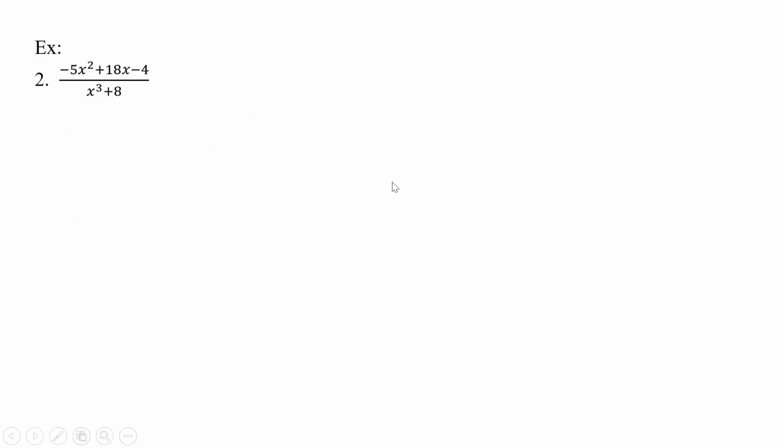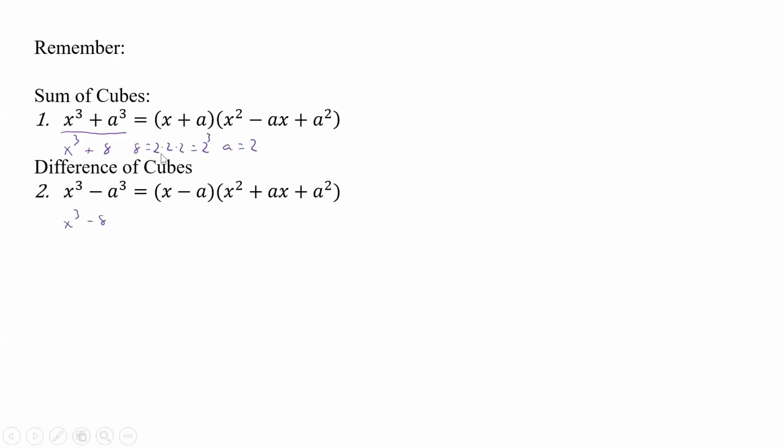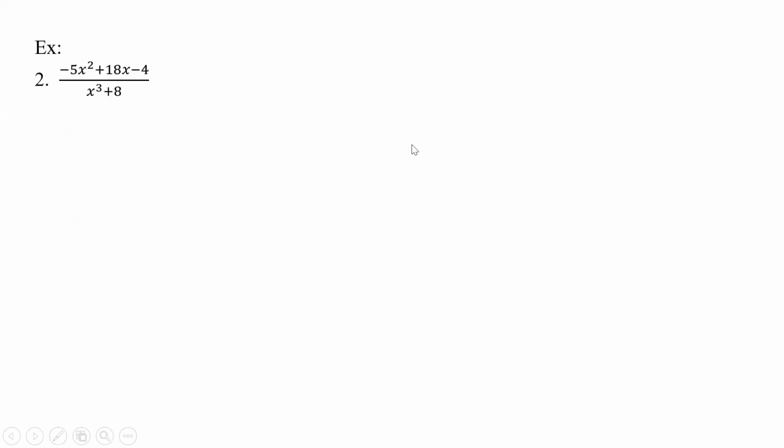Okay, so our first one is going to be the sum of cubes with the 8. So basically, we're going to do what we did here. The 8 is 2 cubed, and so we just plug everything into that formula, and we'll have our denominator factored. So x cubed plus 8 is going to be equal to x plus 2 times x squared minus 2x plus 4.